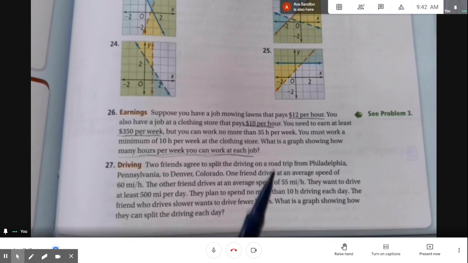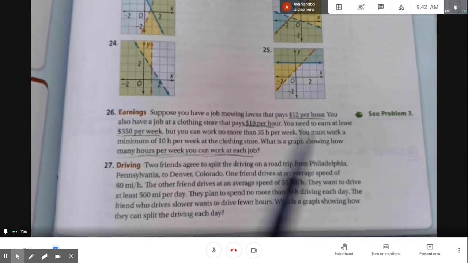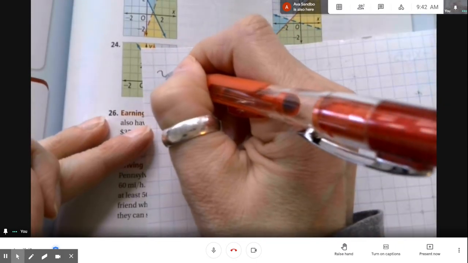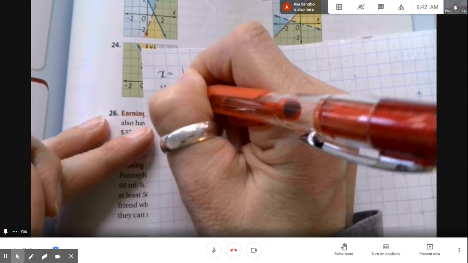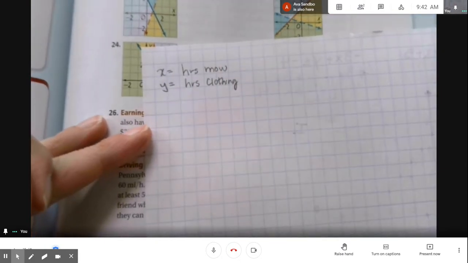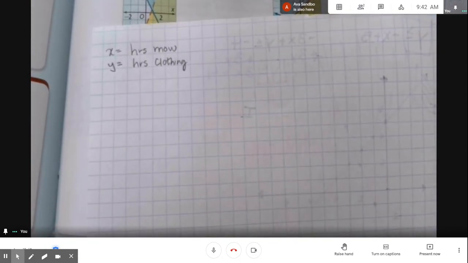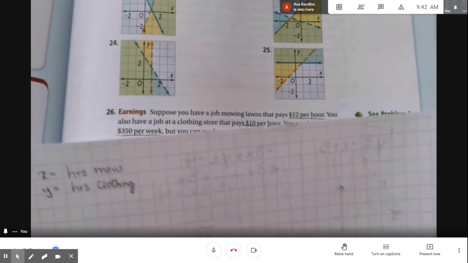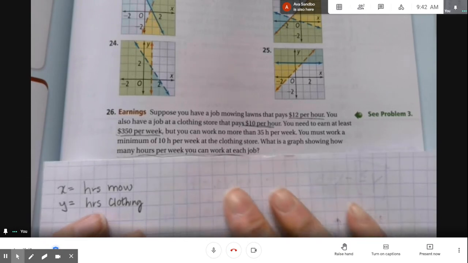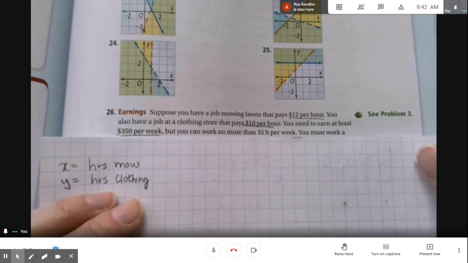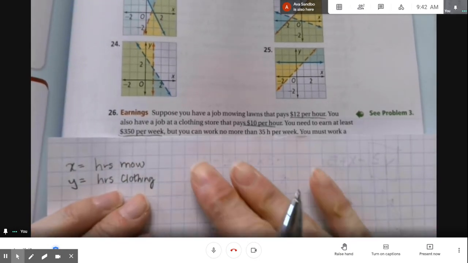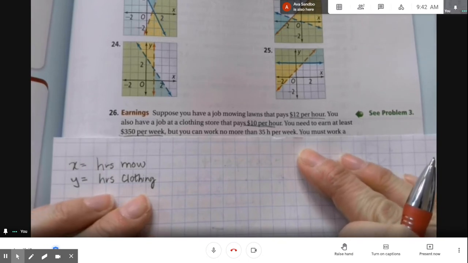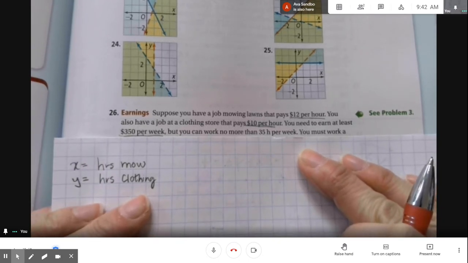Mowing they mentioned first, right? Yep. Okay, so we'll call that one X, and we'll call this one Y. Write that first equation based on those statements that we have. What would that equation look like?